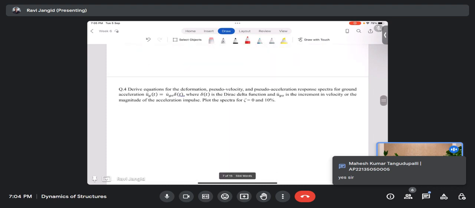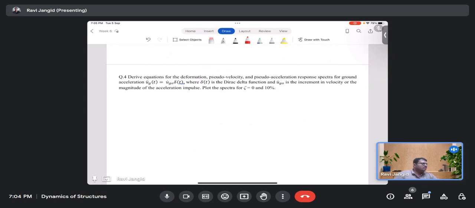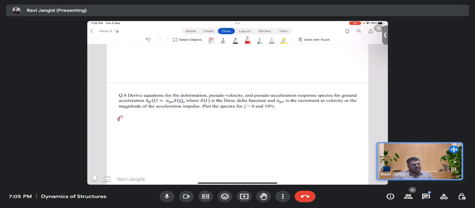Our next question is a very simple question. It is a kind of derivation. So you can solve it; I will give you a hint. In question 7, we have to derive an equation for the deformation, pseudo velocity, and pseudo acceleration response spectra for a ground acceleration given as ug double dot t equal to ug naught dot delta t.